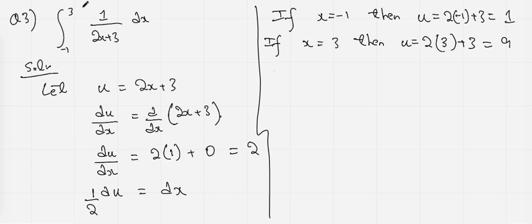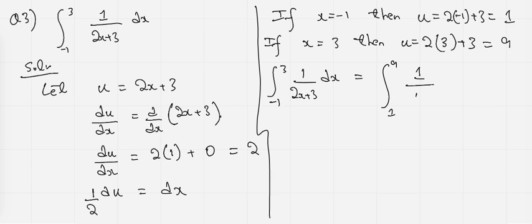So this original function with respect to x is now transformed into an integrand involving u. So it is now going from 1 to 9, 1 upon u times half of du. Okay, the constant half is going to be written outside the integral as according to the rules.